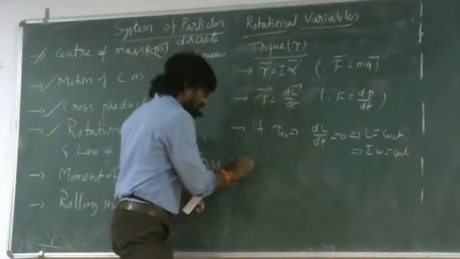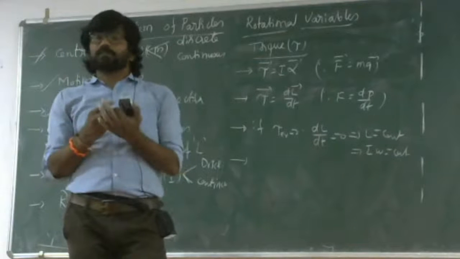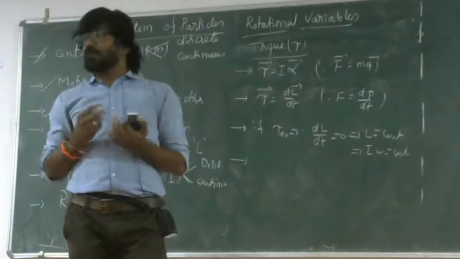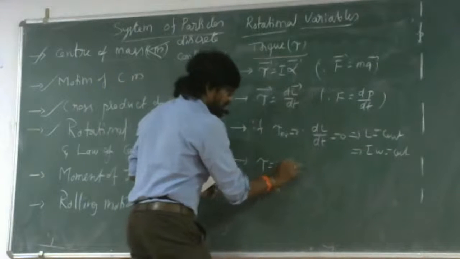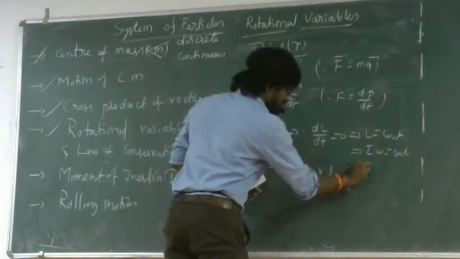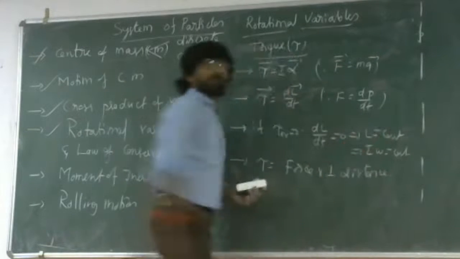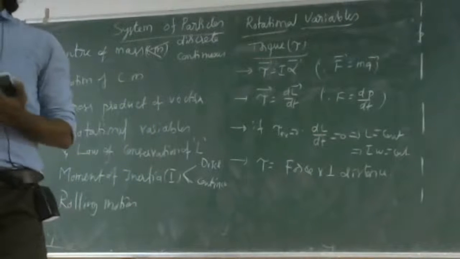But torque, in different cases, can be expressed differently, especially when you are dealing with a couple, a moment of couple. We express torque tau as force into the perpendicular distance of the line of action of the force.